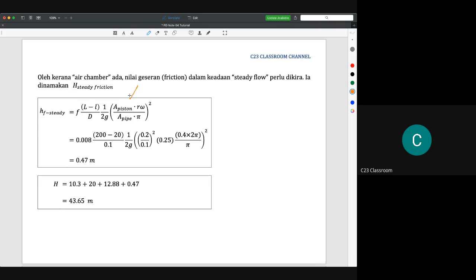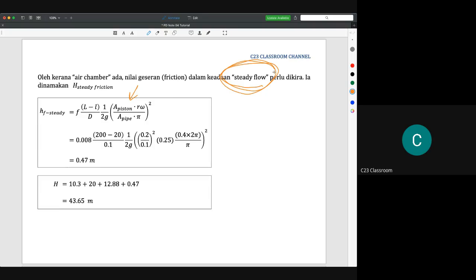This friction needs to be added all the time, at the beginning, at the middle, and also at the end, because it creates a steady flow inside the outlet pipe. Every time, the flow will give friction to the system, so we need to calculate it and add it in our equation all the time, whether at the beginning, the middle, or the end of the delivery stroke.